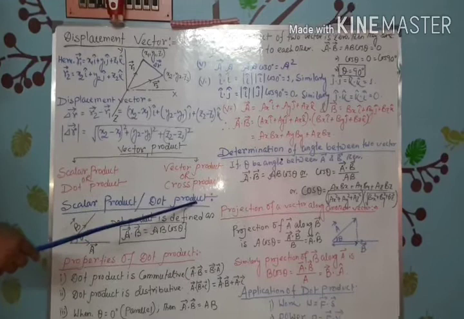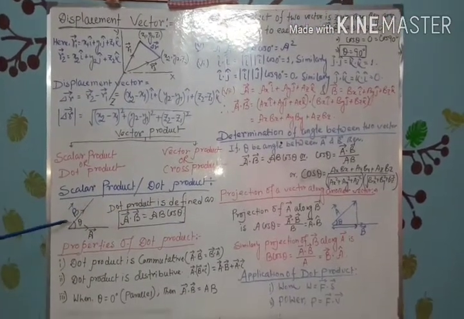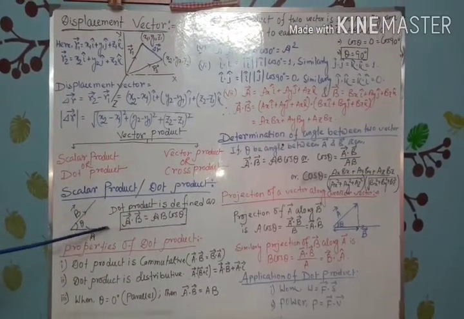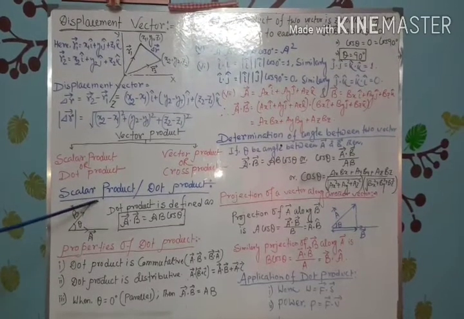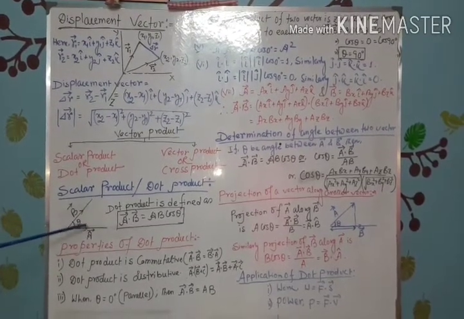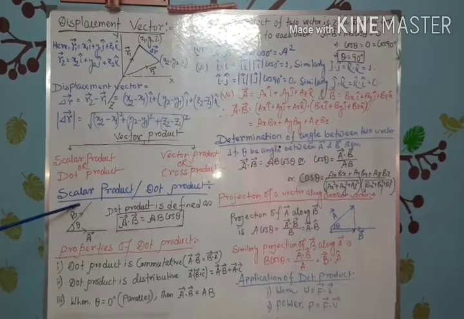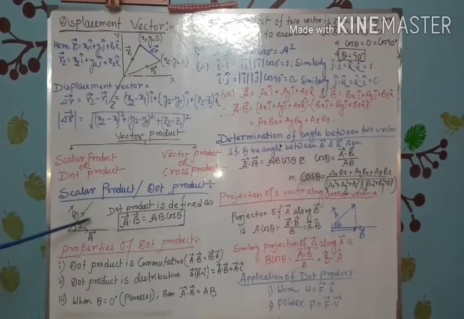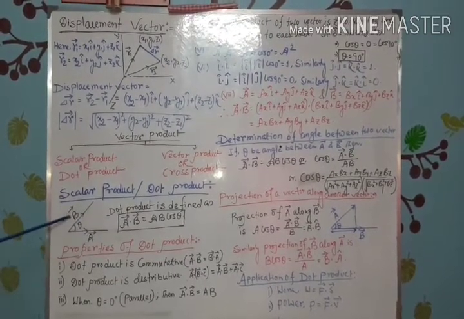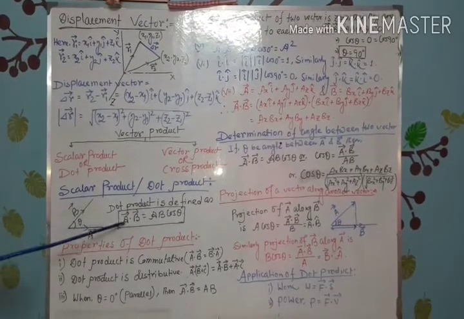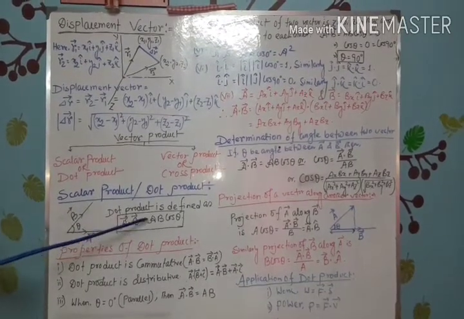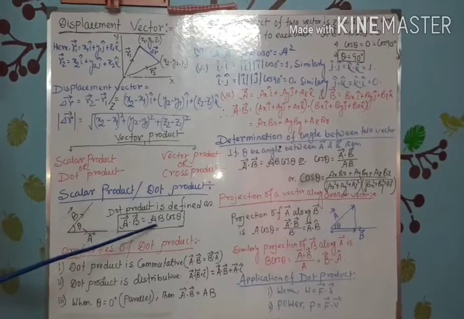Okay, listen to me very carefully. I consider here two vectors. This is vector A and this is vector B. Theta is the angle between these two vectors. Then the dot product of these two vectors A and B is defined as A vector dot B vector equal AB cos theta.